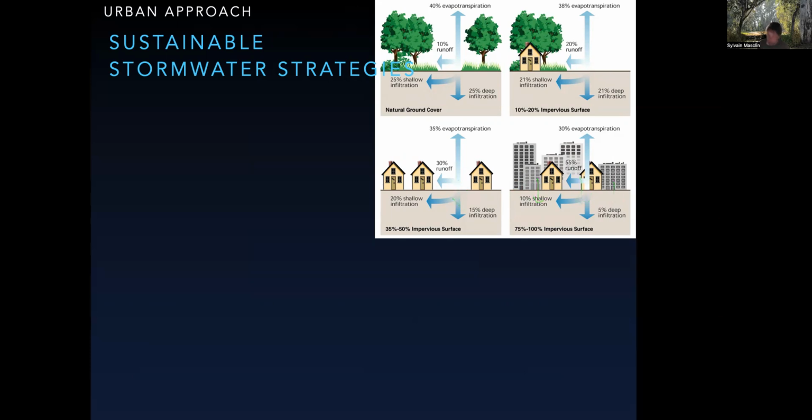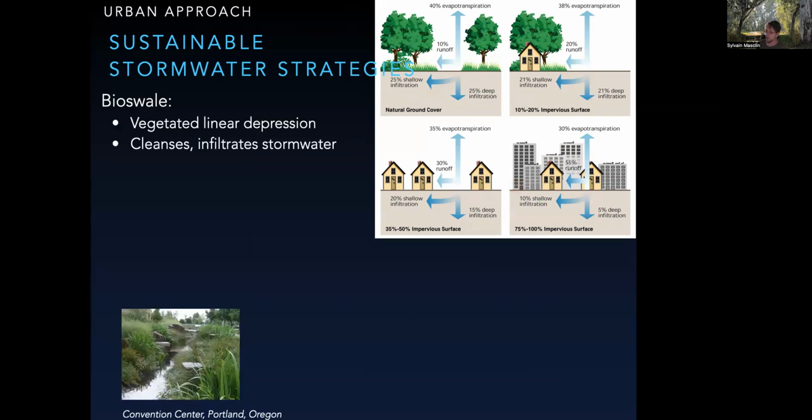To do that, we can use bioswales, which are just small depressions along streets or in a park where the water will accumulate and infiltrate into the soil. All of this water can infiltrate, and it will also be cleaned up thanks to the vegetation right there locally.